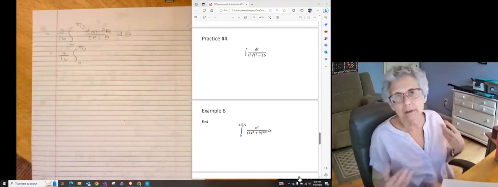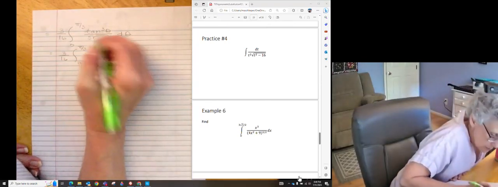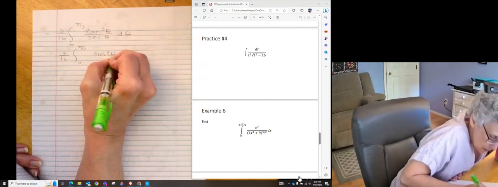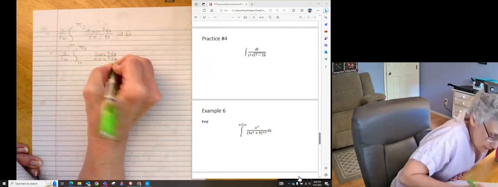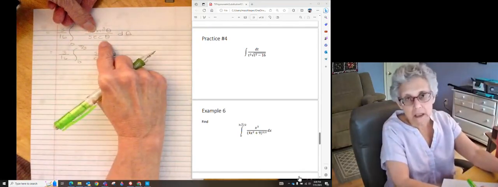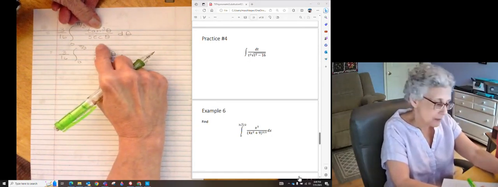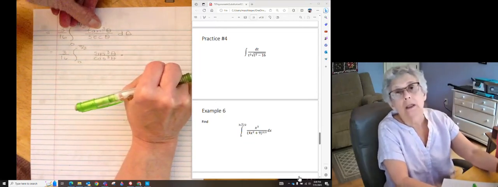I don't see any clever uses of tangent and secant that I can do, so I'm just going to go ahead and write this as sine cubed of theta over cosine cubed of theta. Dividing by secant is dividing by 1 over a cosine, so it's the same thing as invert and multiply.